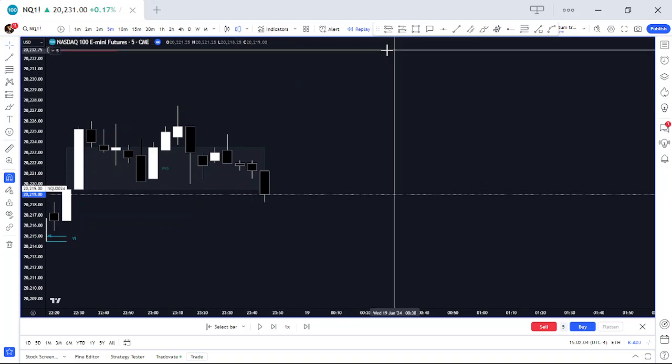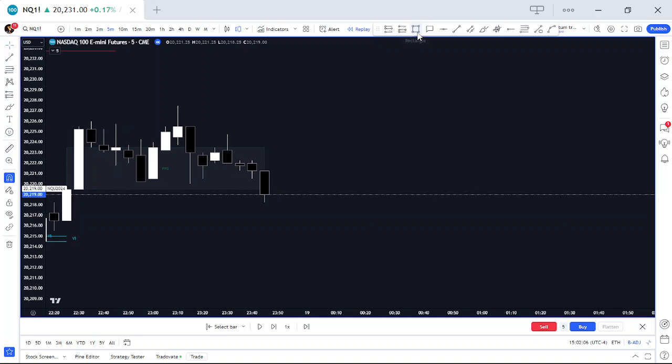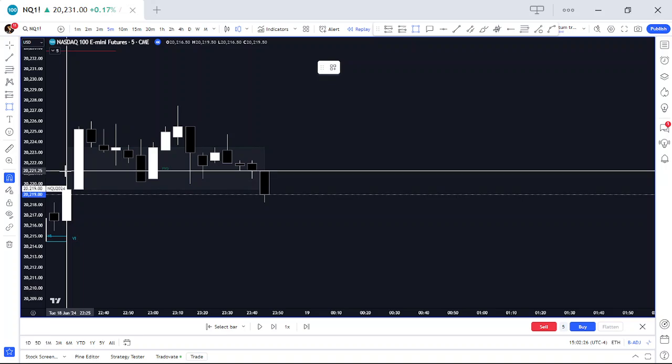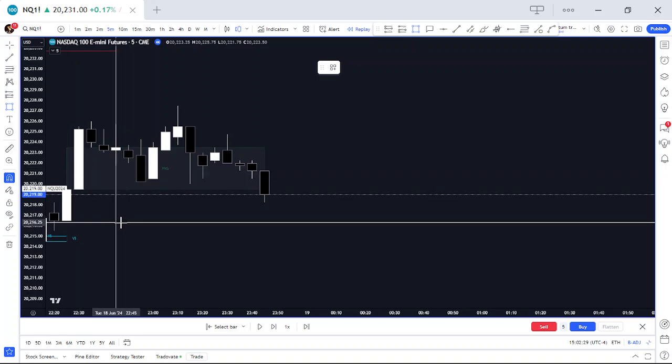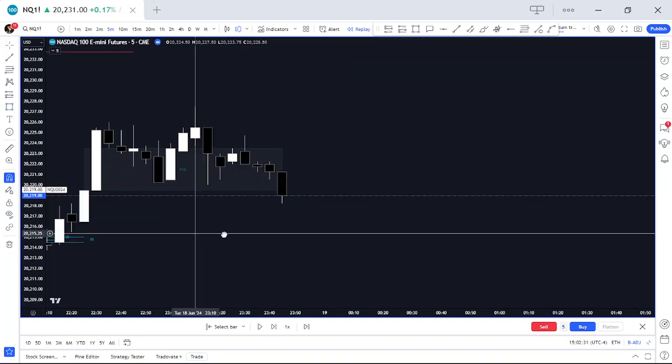This you're going to have to draw yourself because the free indicators you guys have don't show this. My indicator does because it's a paid version. Okay. So if you just take your rectangle box and draw your fair value gap like you normally would, let's take that out.